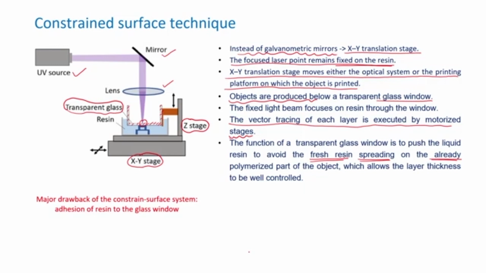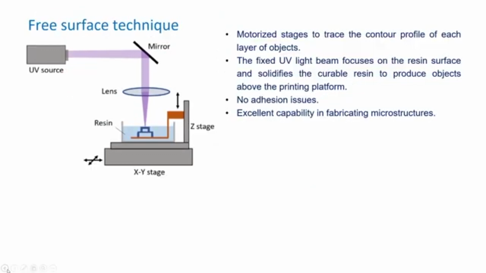As we are constraining the surface, this technique is called the constrained surface technique. The problem of the constrained surface technique is the sticking or adhesion of the resin with the glass surface.